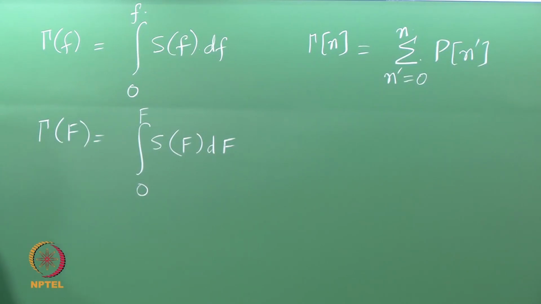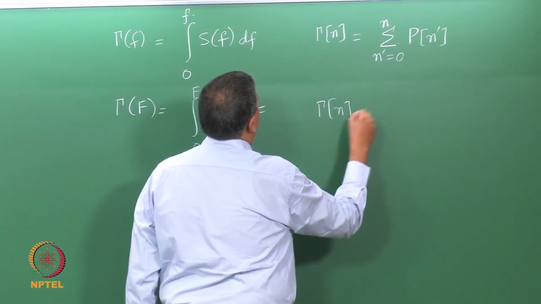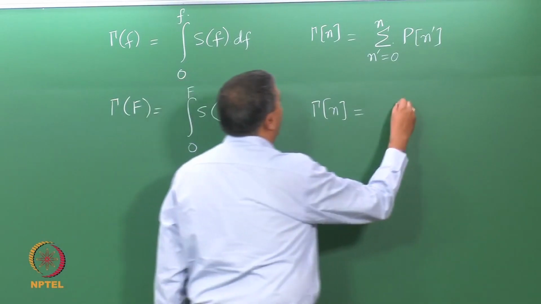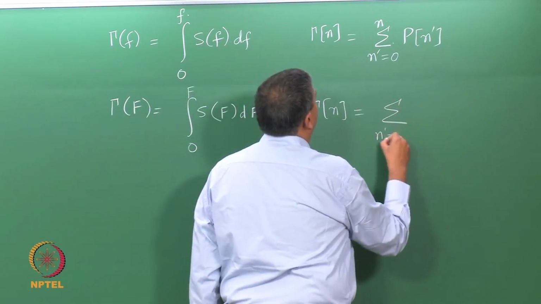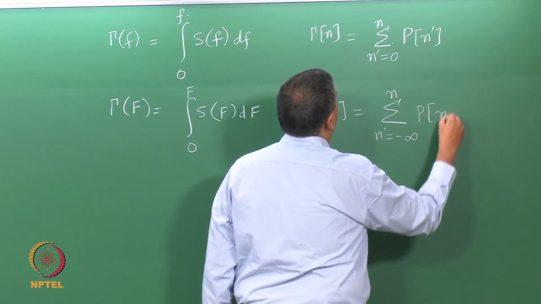So, I am going to add up the power spectral density cumulatively up to the nth frequency. And likewise, one can derive the expression for the continuous time periodic case as well. The only difference being now that n prime runs from minus infinity to n, once again I have p of n prime.